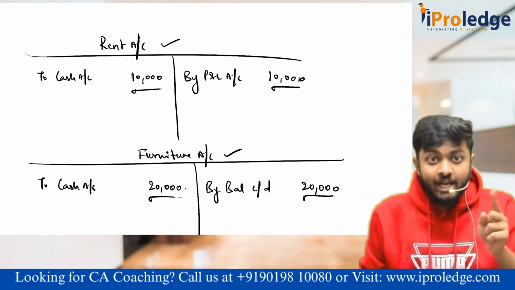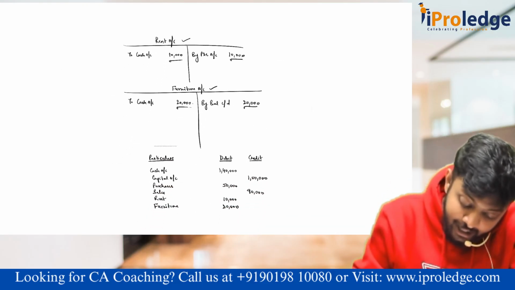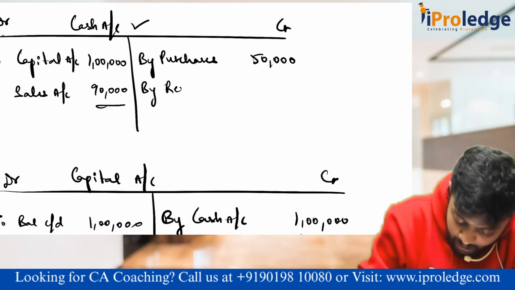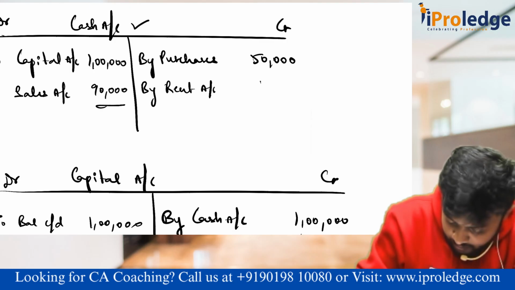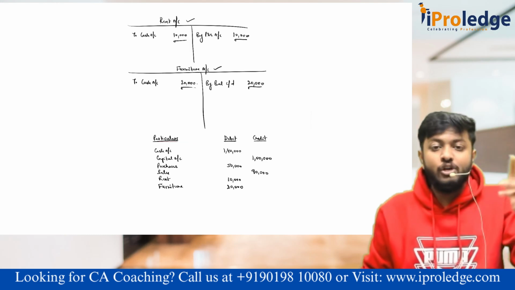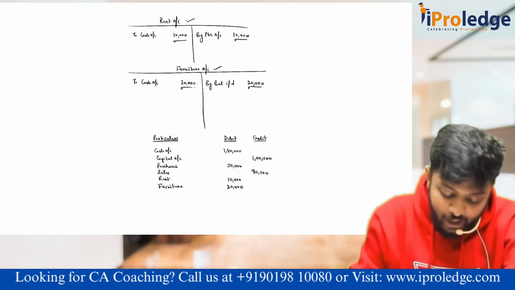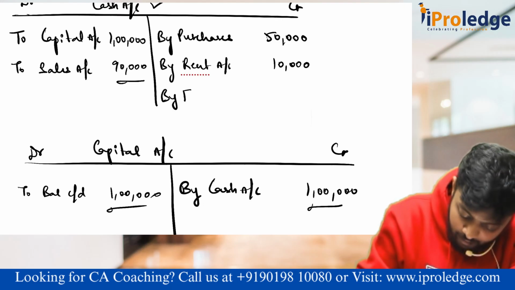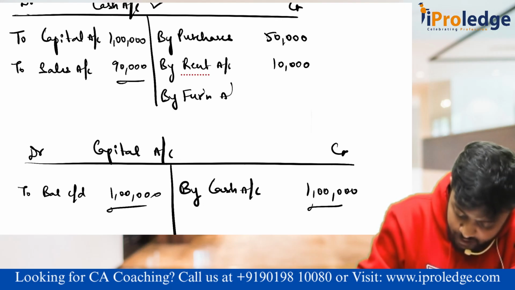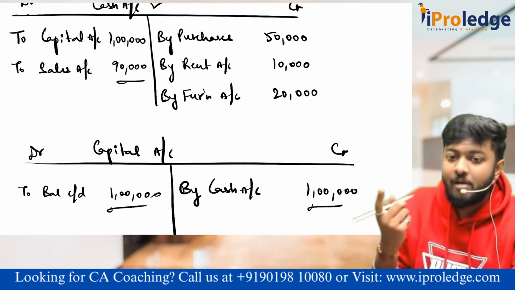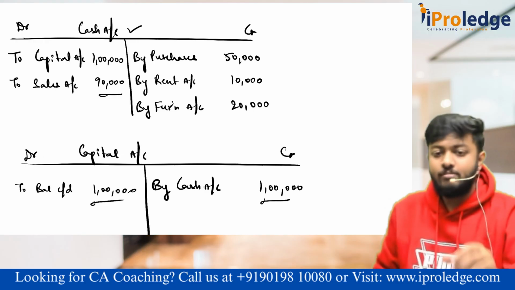Rent is debited, cash account is credited. So it should come on the credit side of cash, by rent account, 10,000. Then we purchased furniture. Entry: furniture to cash. Cash account is credited. So that also should come on the credit side of cash, by furniture account, 20,000. So this we had omitted. An error happened.